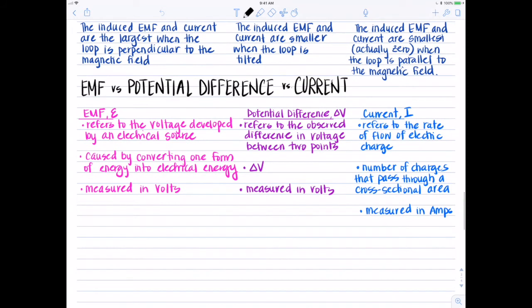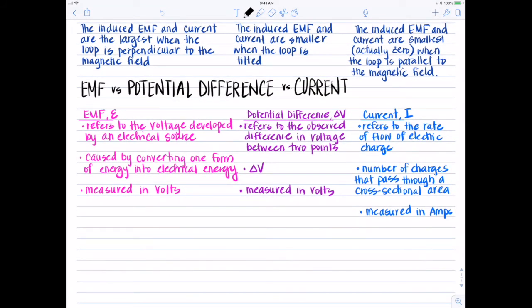Now really quickly before we end, just a little bit of a discussion about EMF, potential difference, and current, because we've used those terms throughout this conversation, and I don't know if it's particularly clear that those three terms are in fact different. So EMF, electromotive force, refers to the voltage developed by an electrical source.